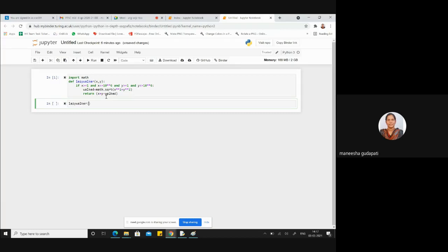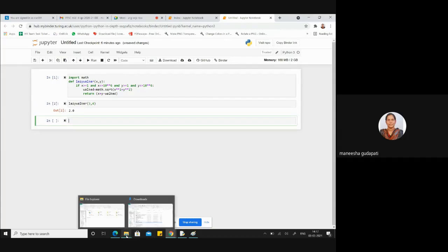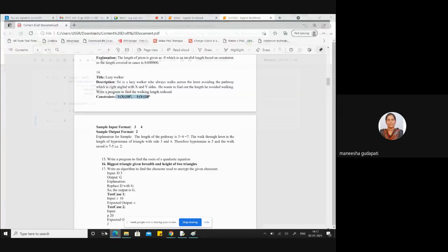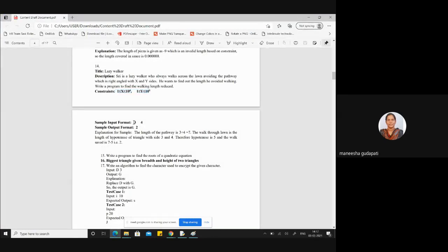If I give the values 3, 4, what happens? The output is 2. So if I give input 2 and 4, what will be the output? The output should be 2. This is the intended task. Did we achieve this?